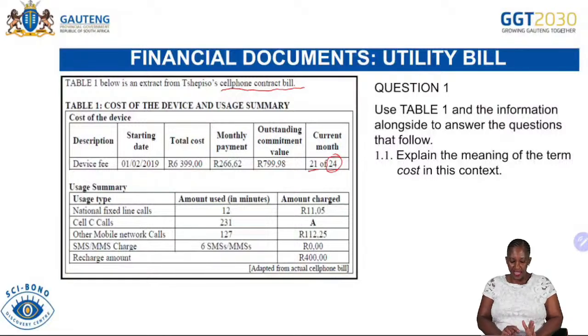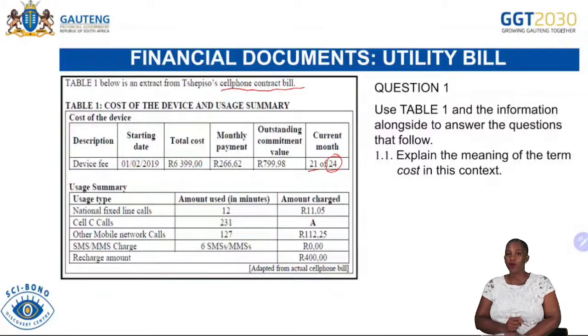For the national fixed lines, they charged 11 rand 5 cent, and we don't know the value of A. Other mobiles, 112 rand 25 cents, and for the SMSs and MMSs nothing has been charged. She recharged with 400 rand.